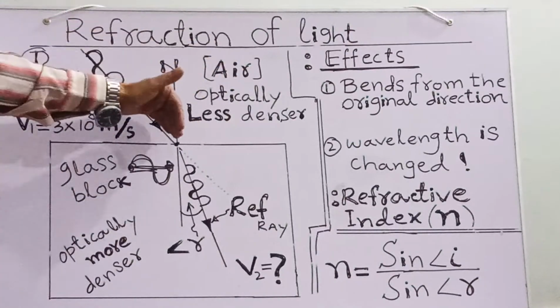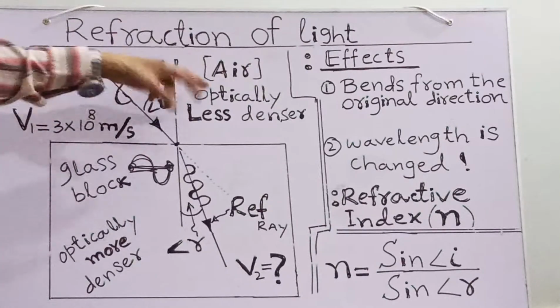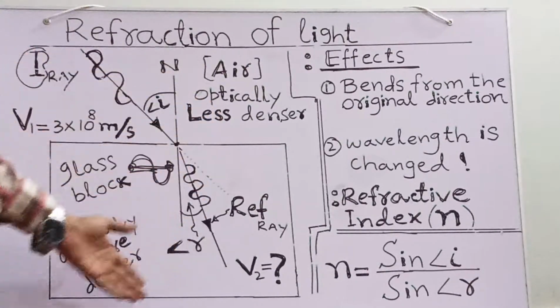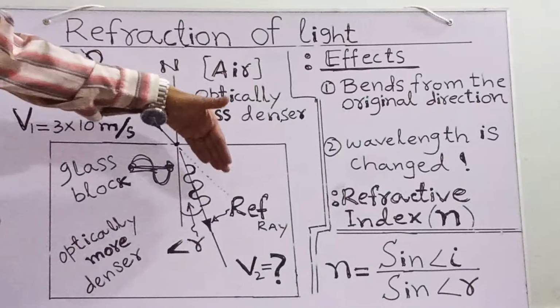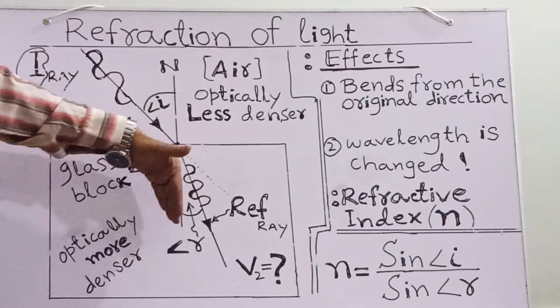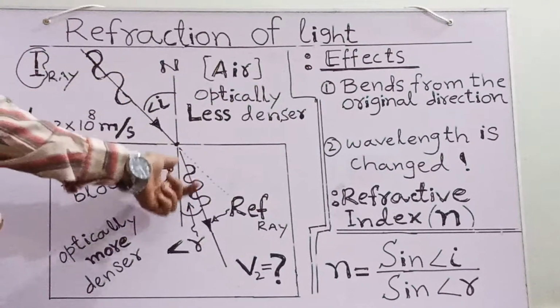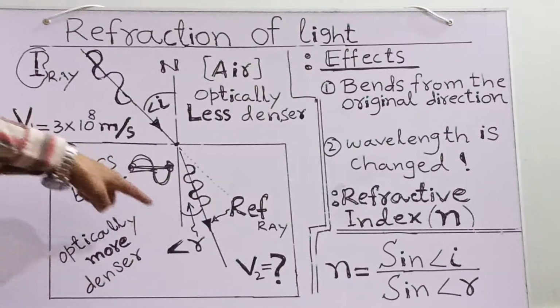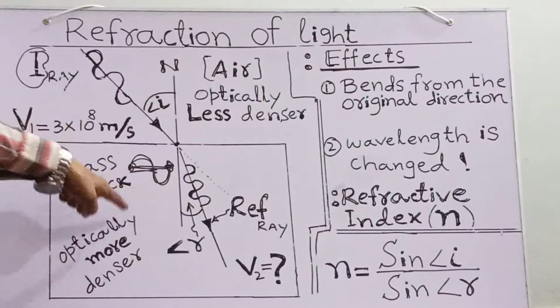Now when the light enters from an optically less dense medium into a more dense medium, then it bends towards the normal and the wavelength decreases, but the velocity of light also decreases.